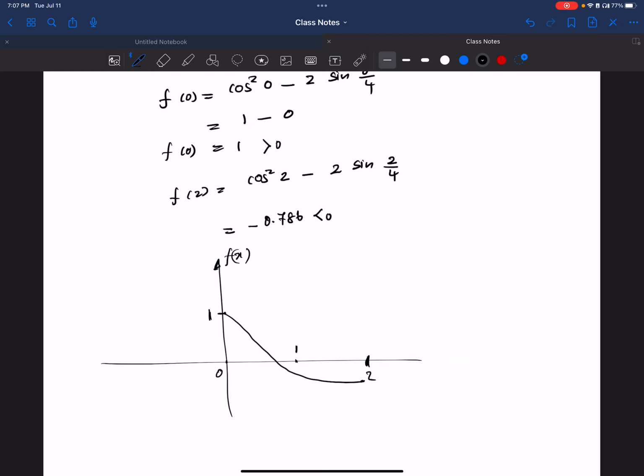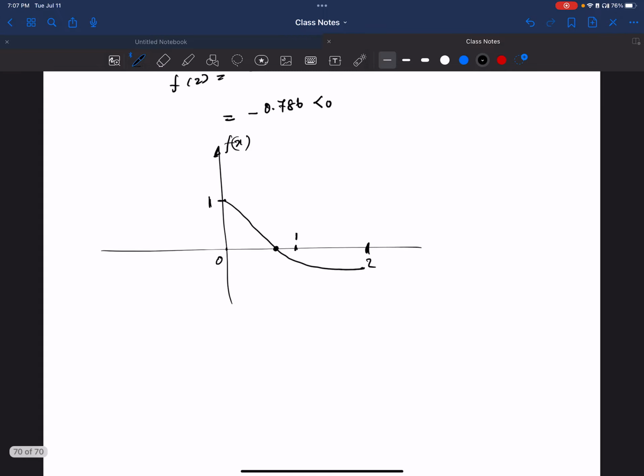Now the 0 is somewhere in between 0 and 2. We don't know where it is actually. And to find that, we use the bisection method. In the bisection method we bisect the interval and then find whether the function changes its sign.